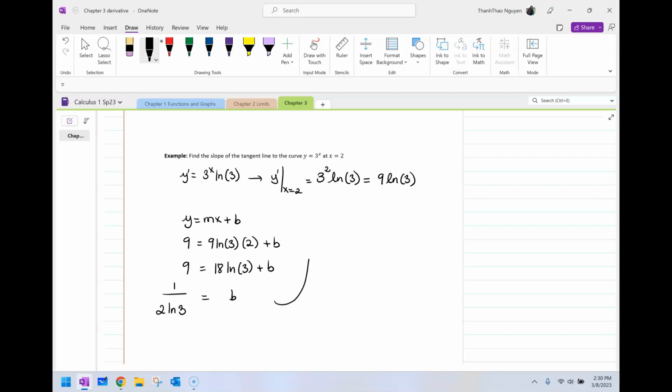So now I can write my tangent line as y equals 9 ln of 3 times x plus b. And this is the exact form, the answer without any decimal.